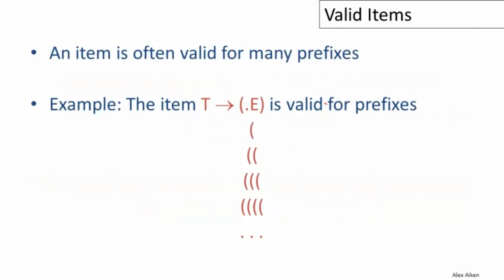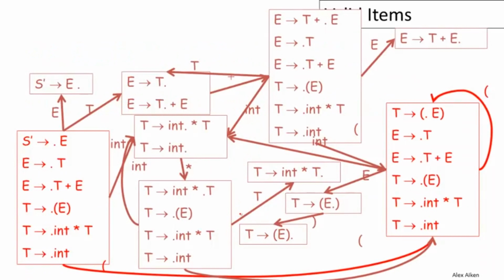Now, an item is often valid for many, many prefixes. So for example, the item t goes to open paren dot e close paren is valid for all sequences of open parens. And to see that, we can just look at our automaton and confirm that if we see an open paren, remember this is the start state, we take this transition, we wind up in this state here, and then every open paren we see, we just go round and round in this state.